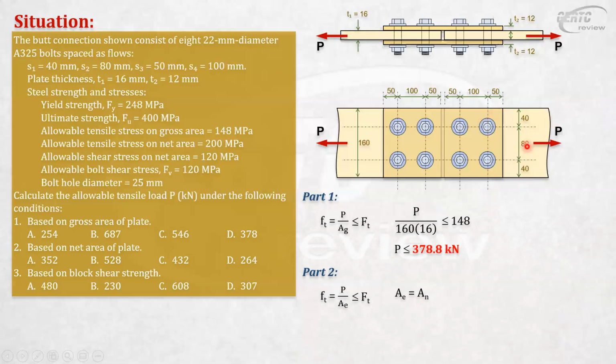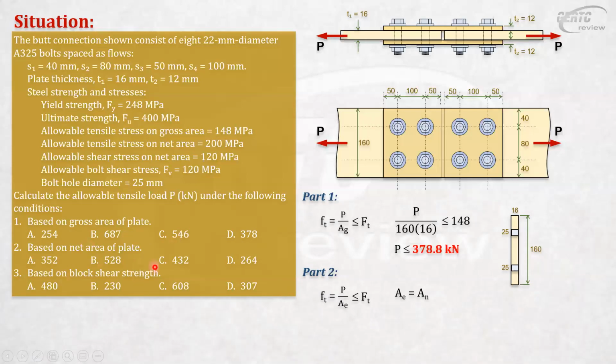So what is the actual net area? What part will tear off here? If you consider this side, due to P this part is the critical one. If you cut a cross section here, it will look like this: the height is 160 mm, the thickness is 16 mm, and there will be two holes. The holes are 25 mm. Actually, the 2001 code says the hole diameter must be taken as 1.6 mm larger than the hole diameter, so we should not use 25 supposedly.